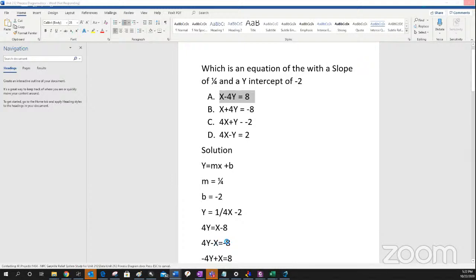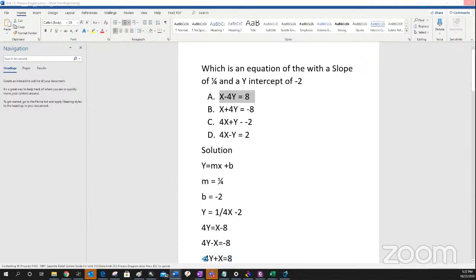But none of the choices look like this, so I times everything by -4. So you get negative by negative. I have -4y, -8, negative x times negative gives you plus x, and -8 times negative gives you 8.